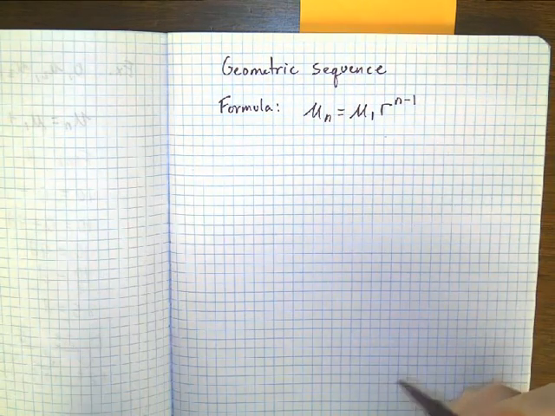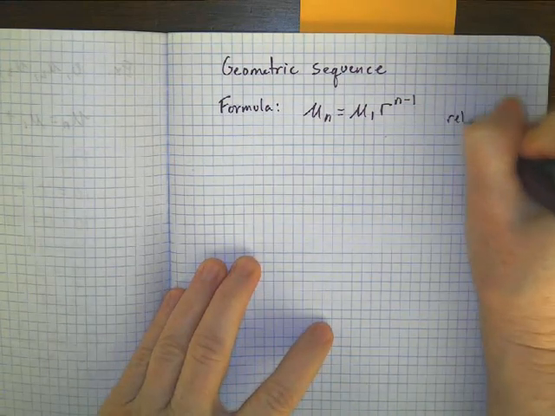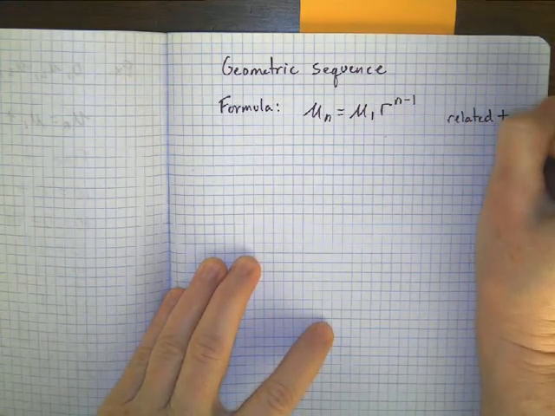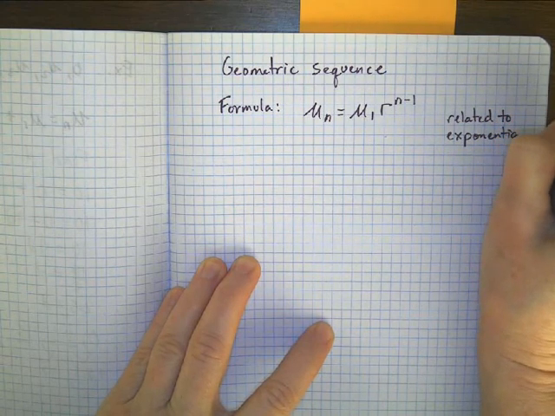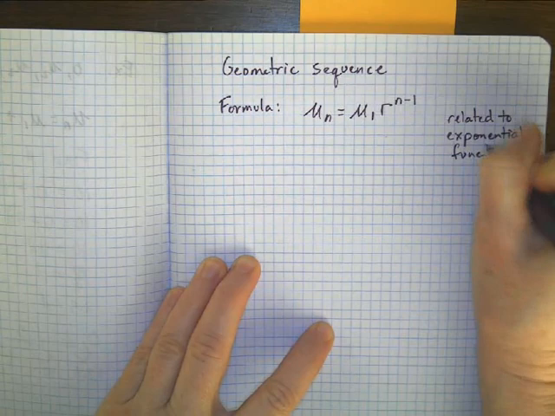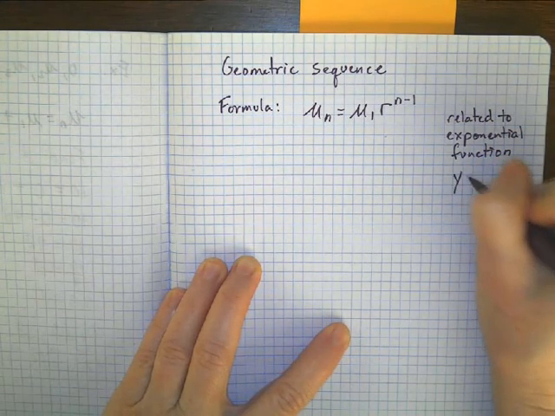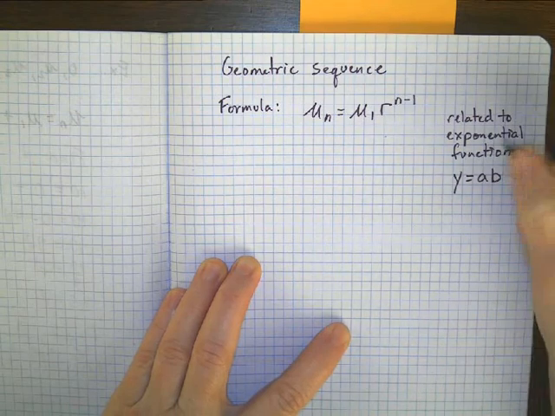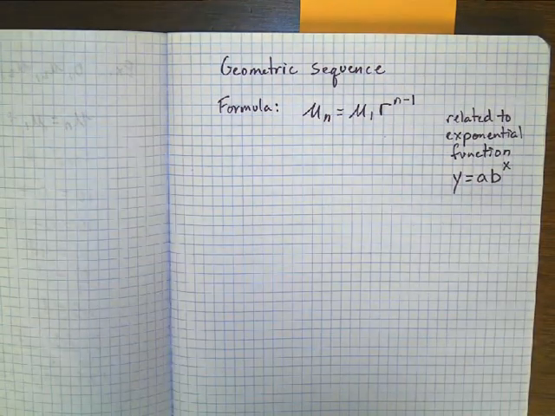Okay, so it is directly related to exponential functions. And the way that we write the equation for an exponential function is y equals ab to the x. Okay, so you can see what's going on here.